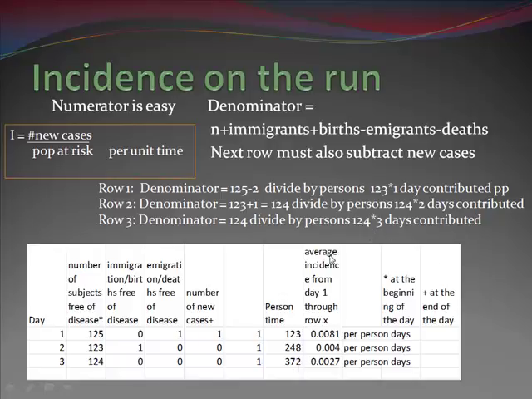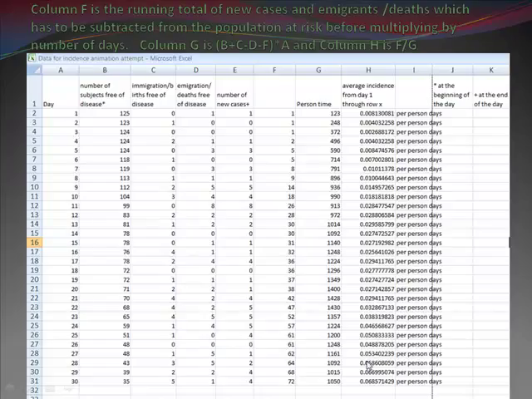So here is our average incidence from day 1 through whatever row we're looking at, and that will simply be this formula along each row, simply adjusted by the amount of person time contributed. And here's the whole shebang. So as you can see, the person time contributed will increase substantially.